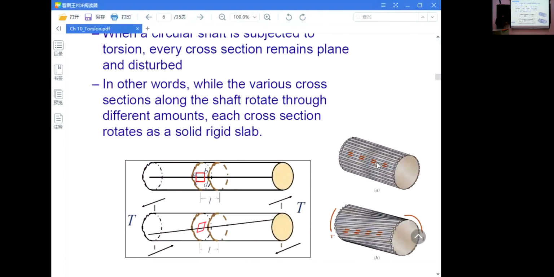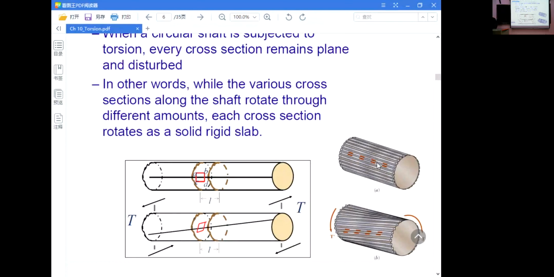This is the deformation of the shaft. Before deformation, the angle is a right angle. After deformation, the angle is not a right angle.